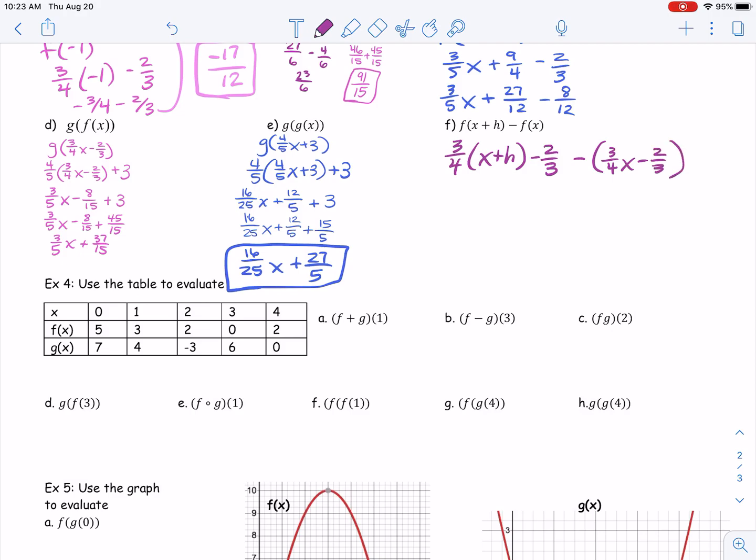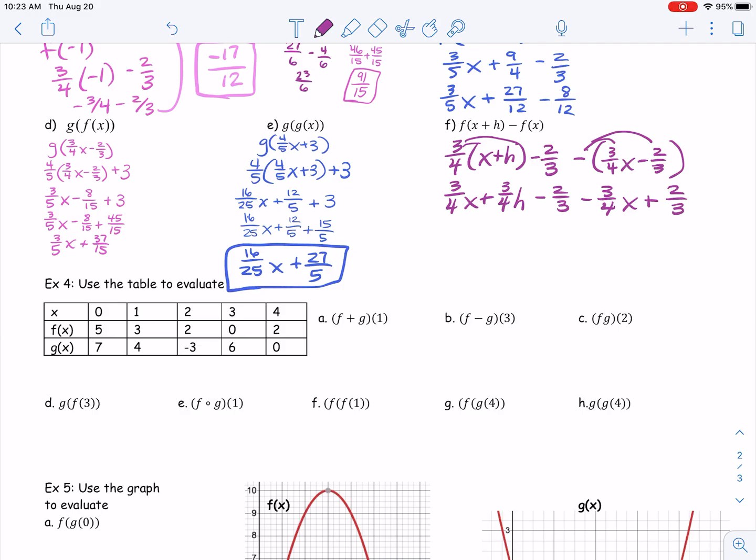So I definitely want to distribute my 3/4, and I definitely want to distribute my negative here. So that's going to be 3/4 x plus 3/4 h minus 2/3 minus 3/4 x plus 2/3.